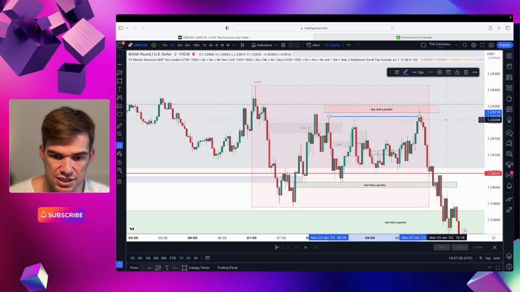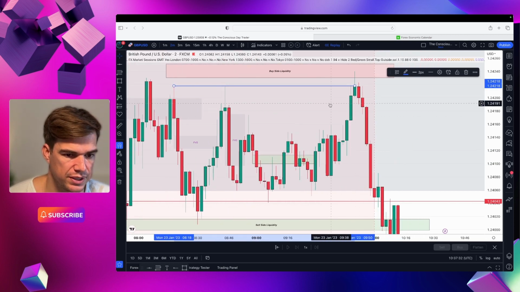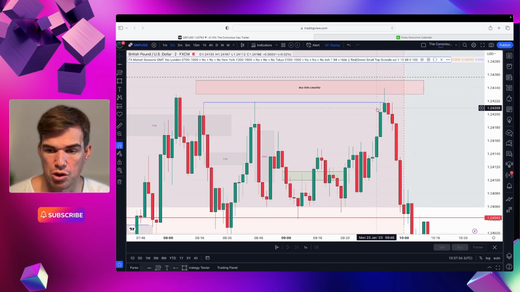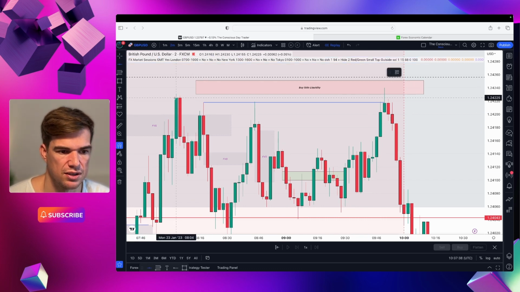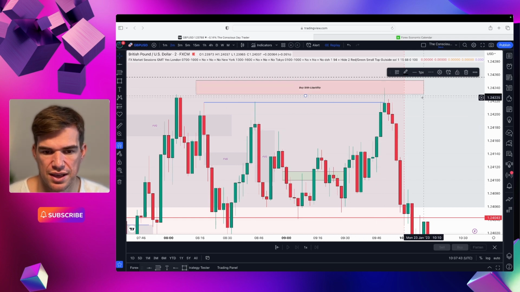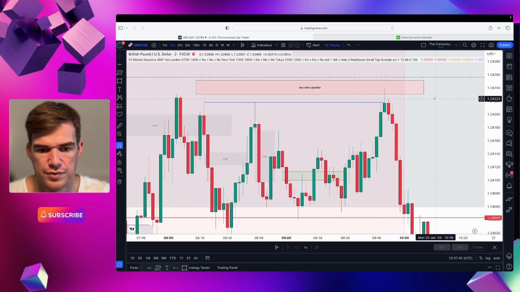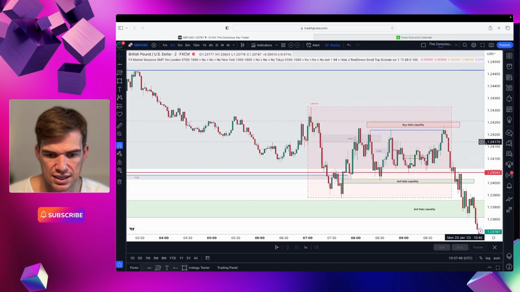It actually touched it. If you zoom in on the first candle, it touched it, came a little bit down, and then if you had your stops there, it would come and take you out because of these equal highs on the left side here. Takes out the liquidity and then crashes back down into where we had said sell side liquidity.